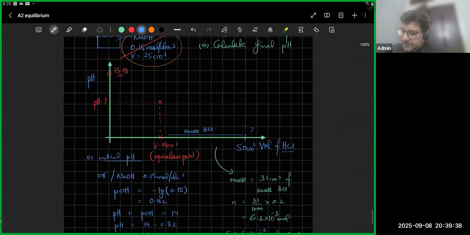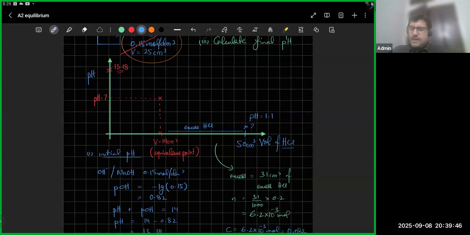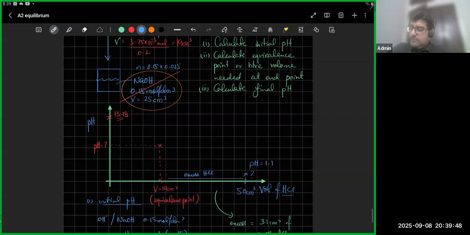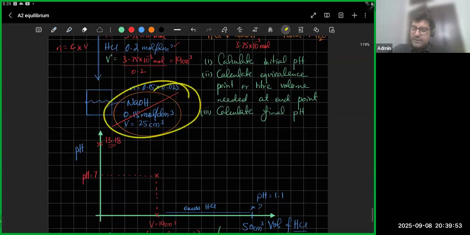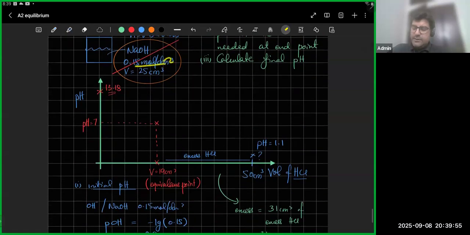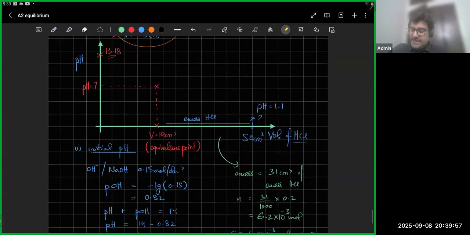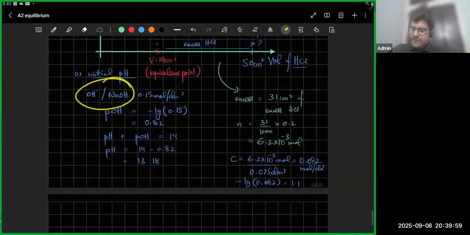So the final pH would be 1.1. So I'm just going to repeat everything quickly. You had NaOH in the flask, that was your initial pH. The concentration of NaOH was given, so you basically had the concentration of OH ions, and all you had to do was take the negative log of that, you'll get pOH, and from pOH you can get pH, right?